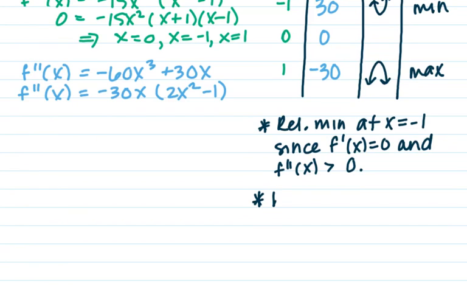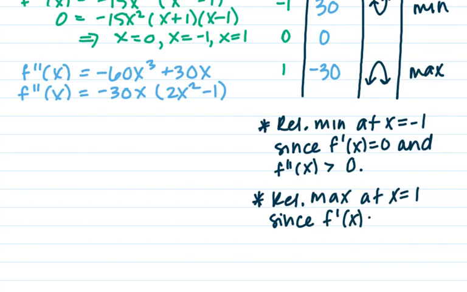And then there is a relative max at x equals 1, since f prime of x equals 0, and the second derivative is negative. And that is all there is to the second derivative test.